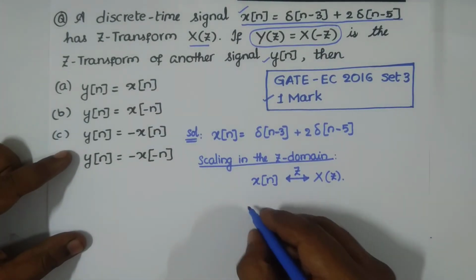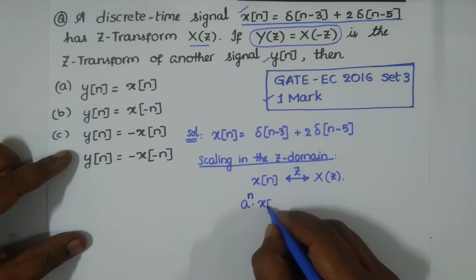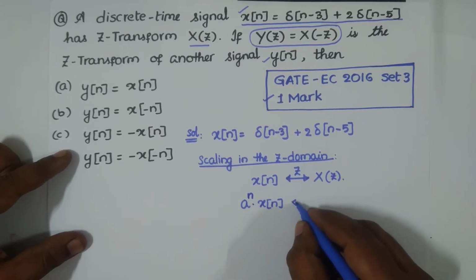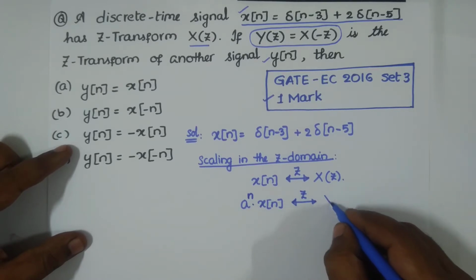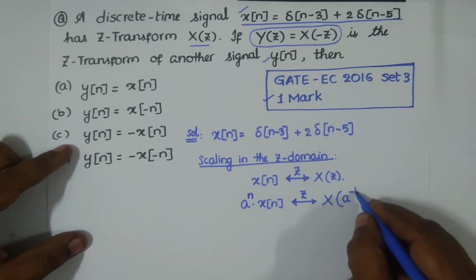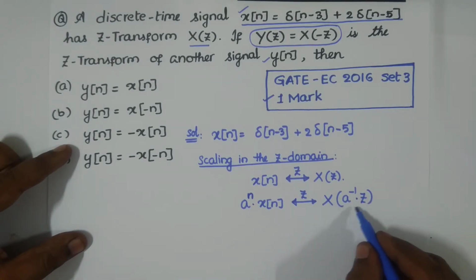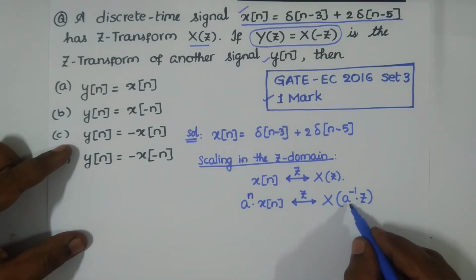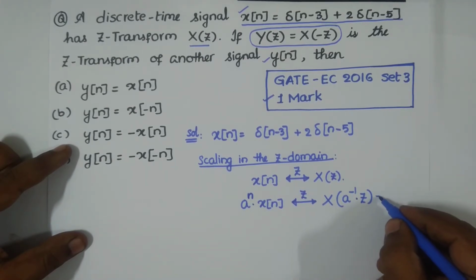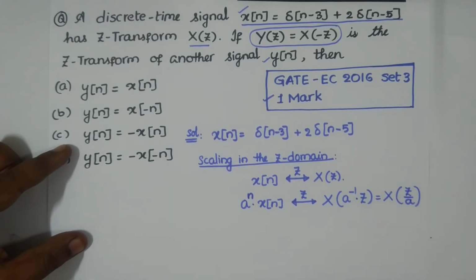Now if I multiply an exponent here, say a power n x of n, if I do this, now we will get X of a inverse z. Now you see this is what scaling in the z domain is. So this z now became a inverse or 1 by a multiplied by z, so otherwise you could say X of z over a.